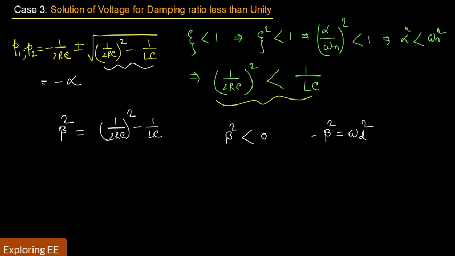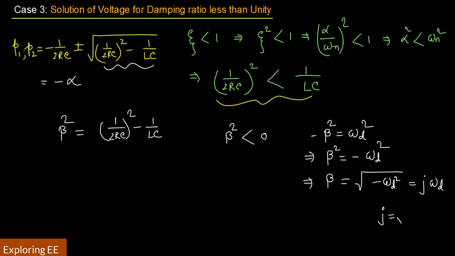So roots are, so beta square equal to minus of omega d square. So beta can be written as root over of minus omega d square, that is equal to j times omega d. Here j equal to root over minus 1. So roots can be written as minus alpha plus minus j omega d.